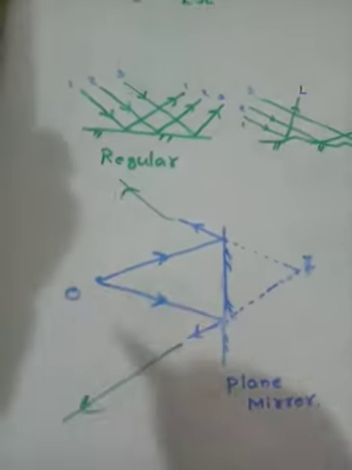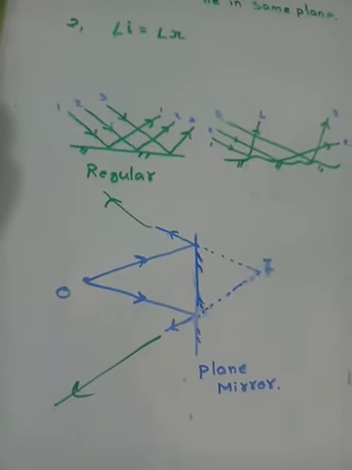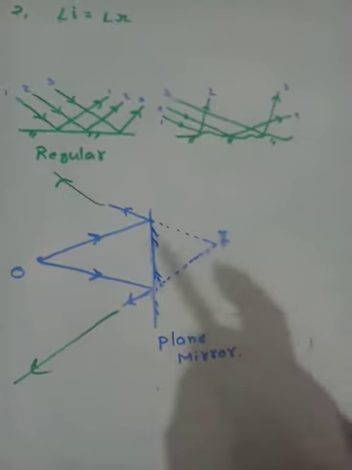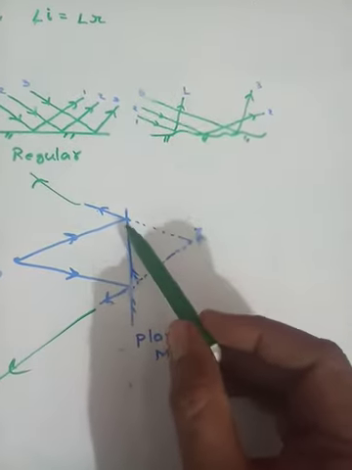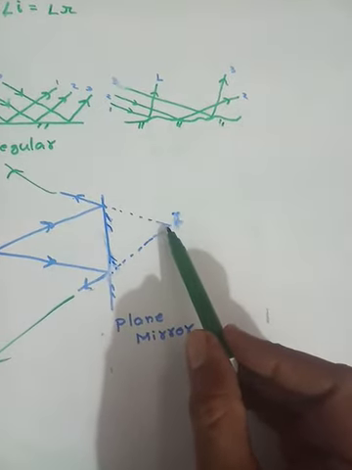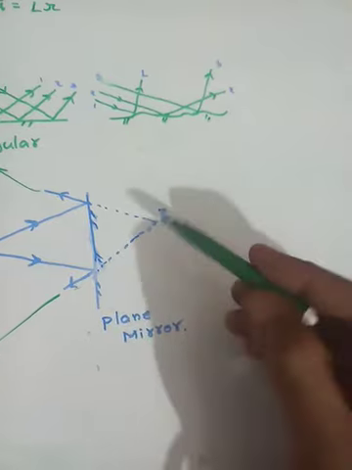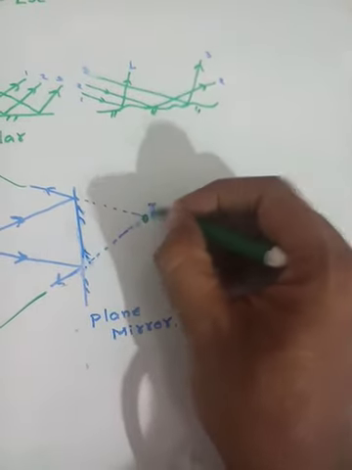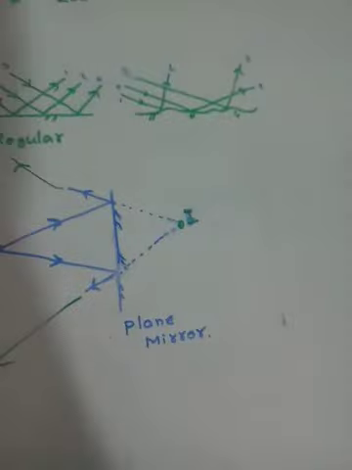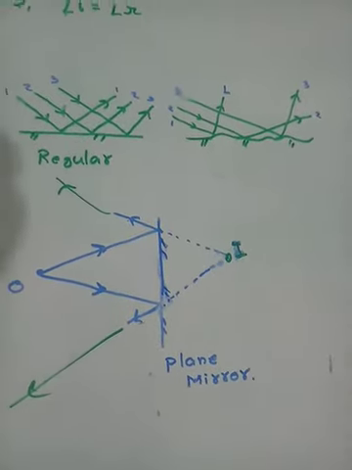So they are never going to meet in the forward direction. So what we do is extend these reflected rays backwards. This is the reflected ray, I have extended it backwards. This reflected ray is also extended backwards. And what is the point at which the rays of light meet called? It is called the image.